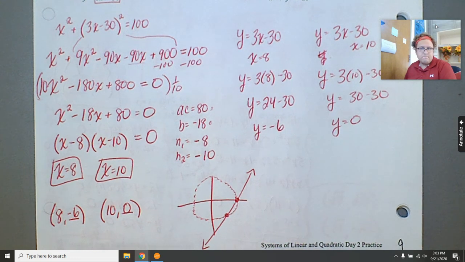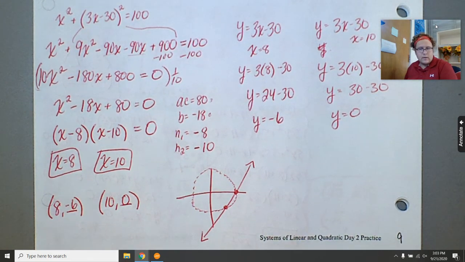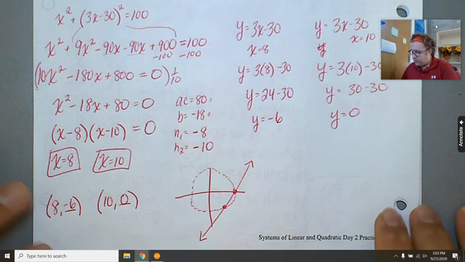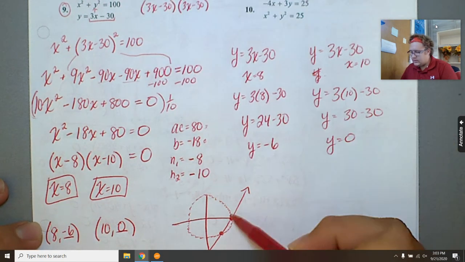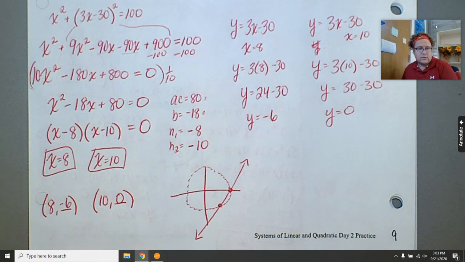Kind of like that. Okay? So if we have a Desmos app or browser open, you could definitely plug these two into that equation, and you'd see that the solution looks something like that.